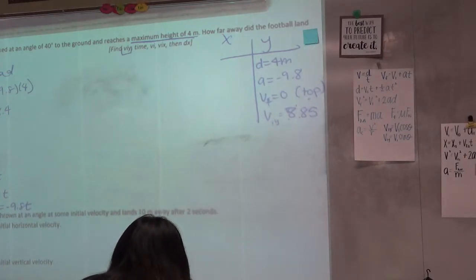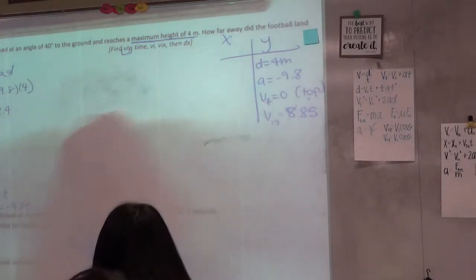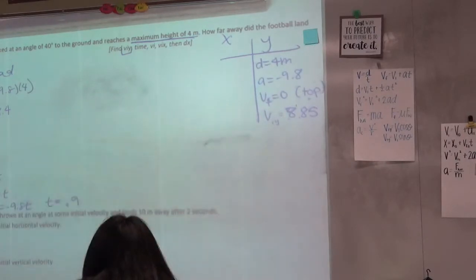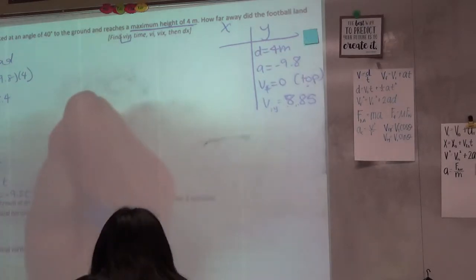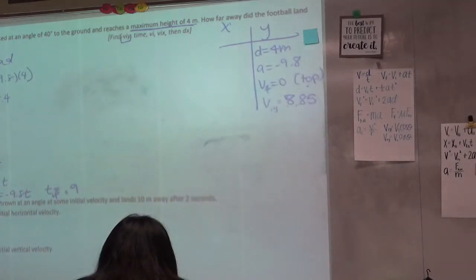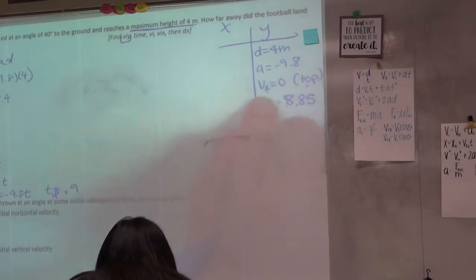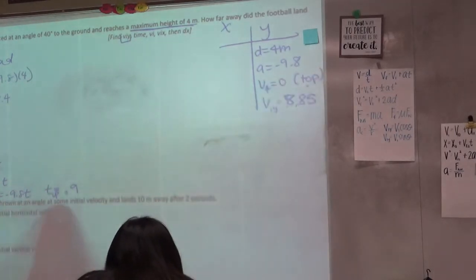What'd you guys get for your T then? 0.9, good. And what time is that? Is that T up, T total, or neither? That is T up. And how do we know for sure that is T up? Yes, we use VF is 0, and that is true at the top.